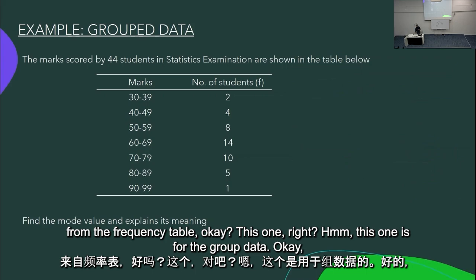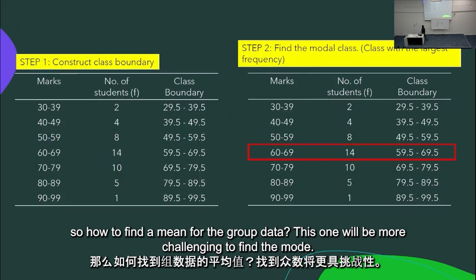This one is for the group data. So how to find the mode for the group data? This one will be more challenging.